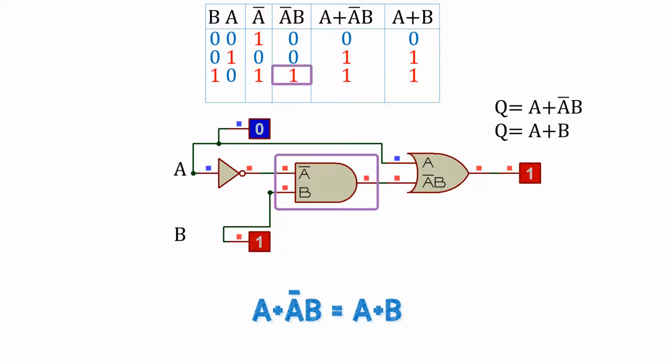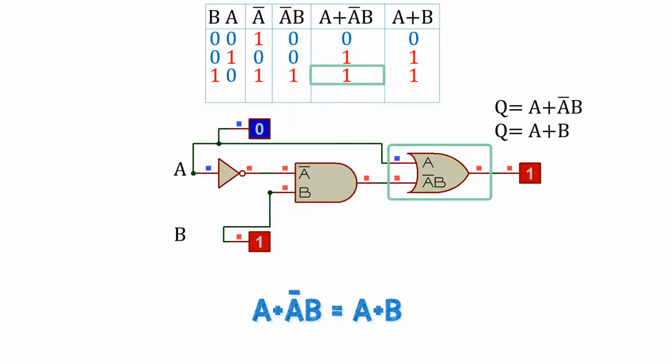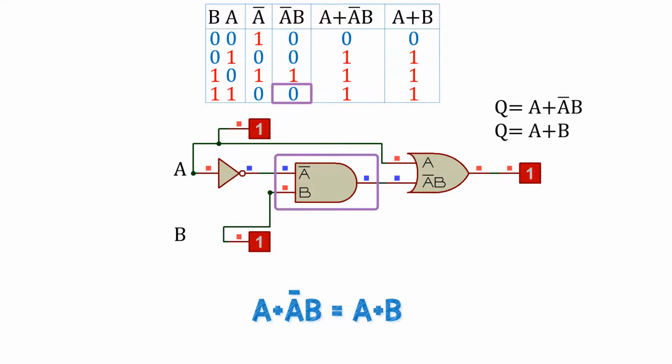So far they're true. The third case where B is high and A is low, not A ANDed with B goes high now. So the OR gate has one logic 1 signal on its input, so the output is high. So far A or not A B is the same as A or B, but we need to prove it for every case.